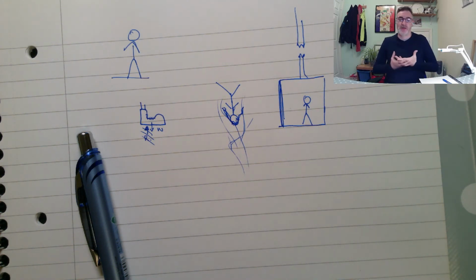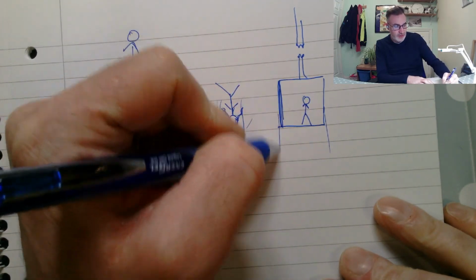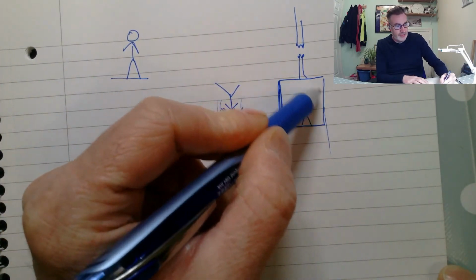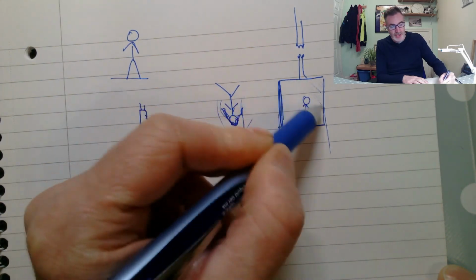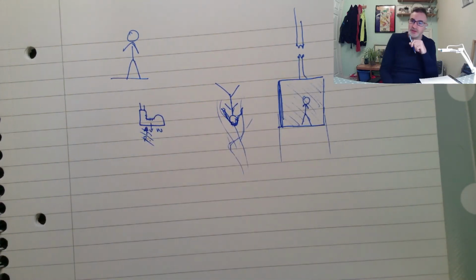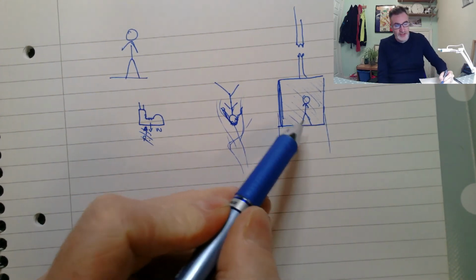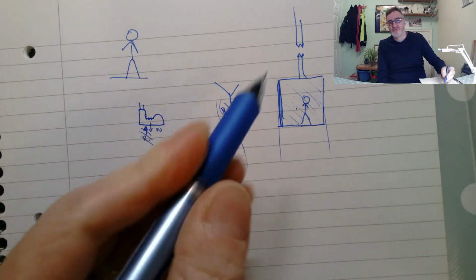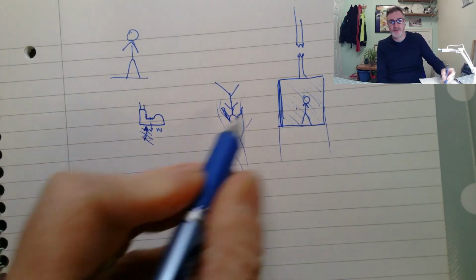Your guts are going to come up and you go, whoa. But once you get over that, once that initial movement has happened and you're accelerating downwards constantly, you're not going to necessarily feel that. And if the lift was falling in a perfectly controlled manner and there were no windows in the lift, then you're not actually going to know that you're falling down at all, other than the fact that if you're falling down at the same rate as the lift, you're not going to have this pressure on your feet.